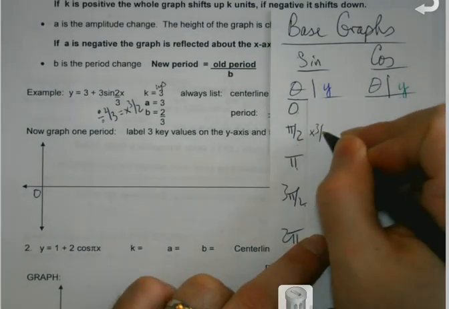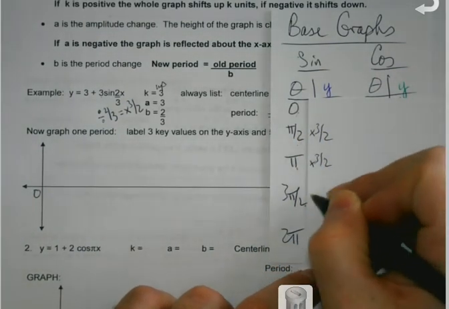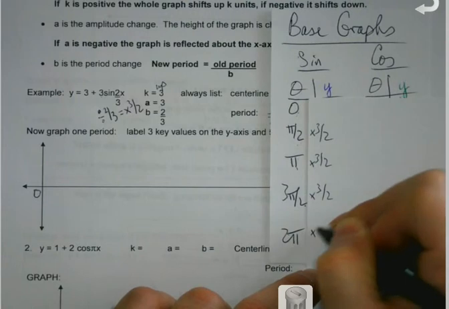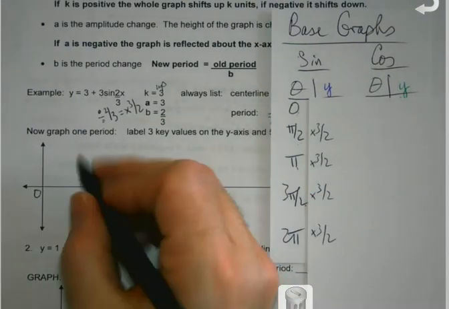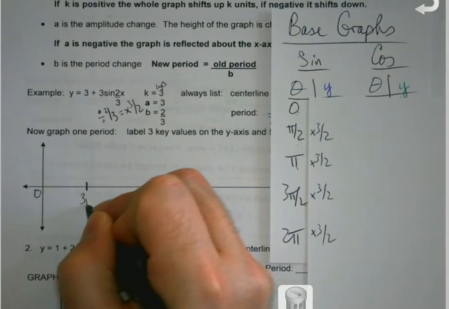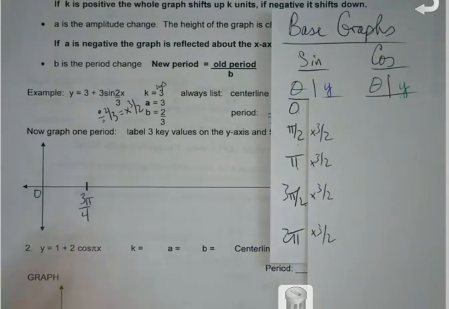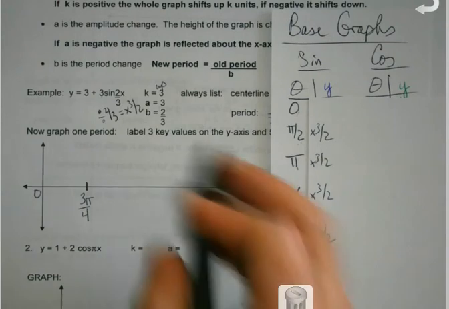So basically, here's what I'm going to be doing so you can visually see it now. If you want to do side work ever on these, that's okay. So I'd have 3 pi over 4 would be my first. And then pi times 3 halves would be 3 pi over 2.